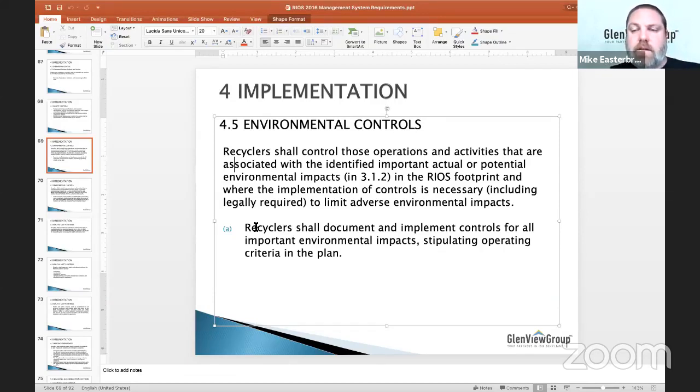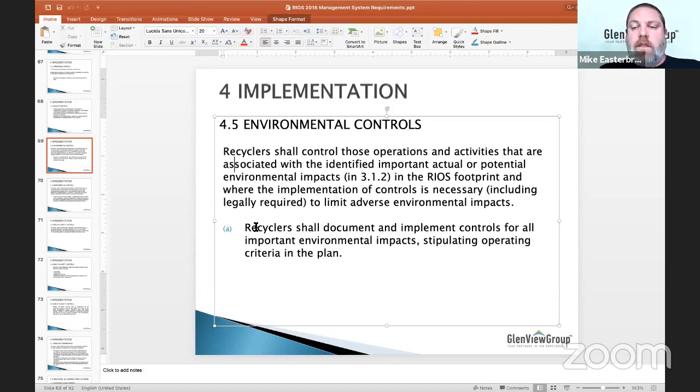Those things are forms of controls, like putting something in place with a document, like a SWPPP, stormwater pollution prevention plan, or doing training with employees to make them aware of what they need to do to conform to this control, or having some type of material like a spill kit in place.